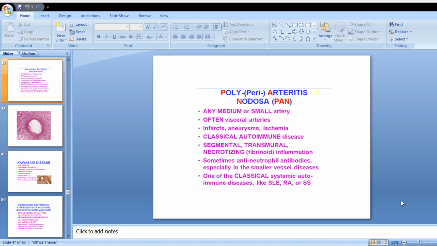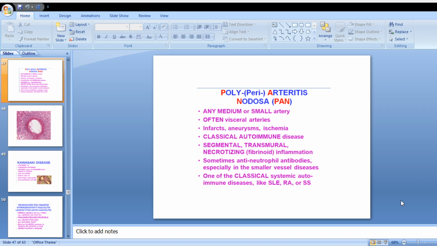Etiology is mainly autoimmune. There is segmental transmural involvement of the blood vessels, and the blood vessel wall shows fibrinoid necrosis. Anti-neutrophilic antibody is sometimes seen.